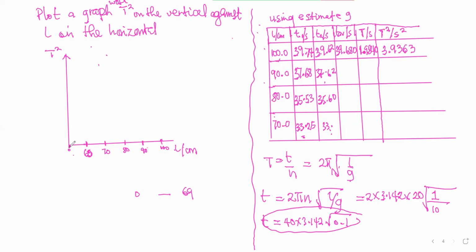In that case, maybe 0, 10, 20, 30 till I get to my first point to plot. Or 0, 20, 40, 60. So whenever you are plotting the graph, you need to listen to the instruction. Am I supposed to start both axes from the origin? If yes, then know that you cannot break the axis. If there is no such instruction that starts from the origin, you can break it.